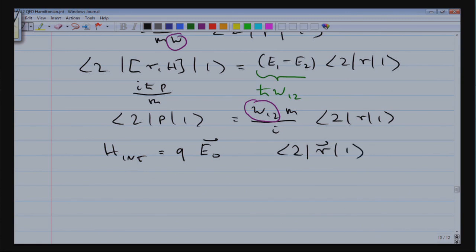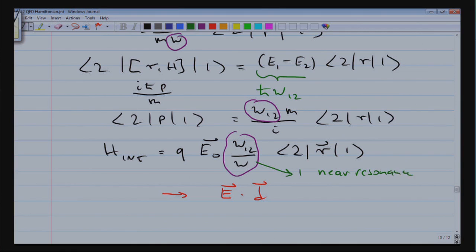But in addition, we have this prefactor. So this becomes the dipole Hamiltonian E dot d when we replace that by 1, assuming that we are interested anyway only in interactions with atoms where the radiation field is near resonance.